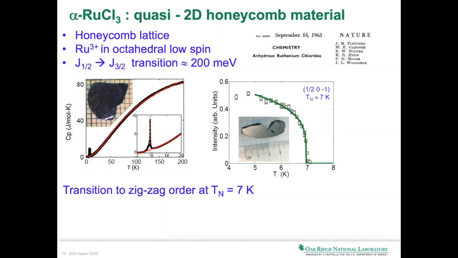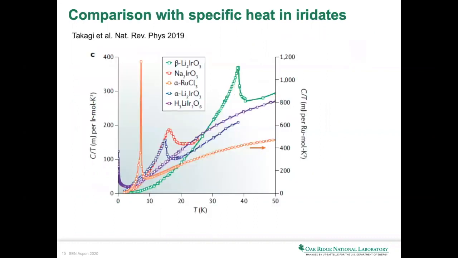So here you can see the neutron scattering intensity of a Bragg peak as a function of temperature. And here I see the specific heat peak, and down around 7 Kelvin, that's the sign of magnetic order. So it actually does order antiferromagnetically. And this is true, in fact, for a lot of the earlier systems that were investigated with iridates.